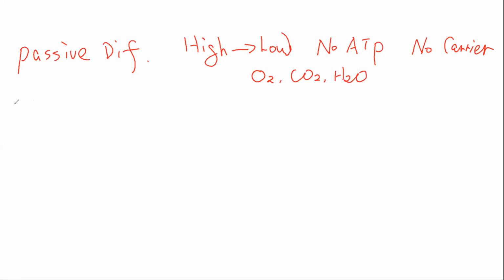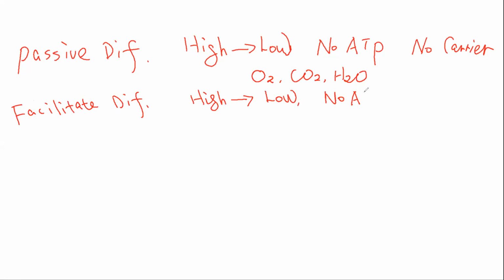Second, we call it facilitated diffusion. This is also from high concentration to low concentration of the nutrients. There is no ATP, but they do need a carrier.